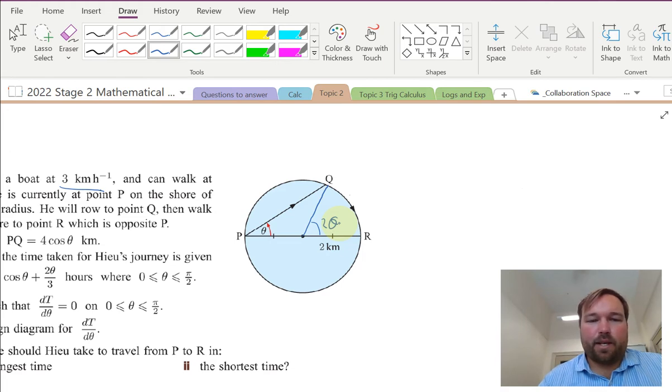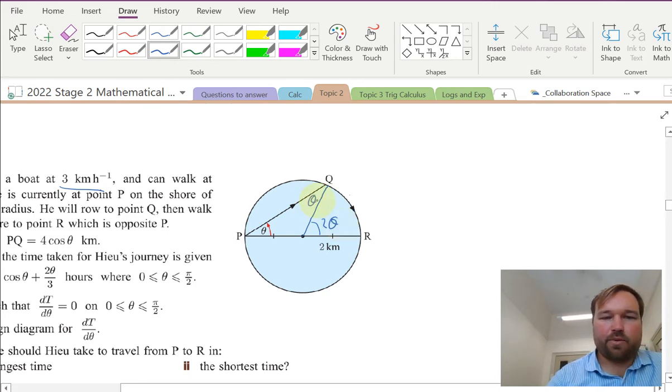There's a couple of ways to think about this, or to sort of prove it to you, I guess. If that's theta, this will be theta as well, because it's an isosceles triangle. They're both radius lines. Therefore, this in terms of radians, or in terms of degrees, would be 180 take 2 theta, or would be pi take 2 theta. If that is pi take 2 theta, then this other one here must be 2 theta, because the whole thing must add up to pi, or 180.